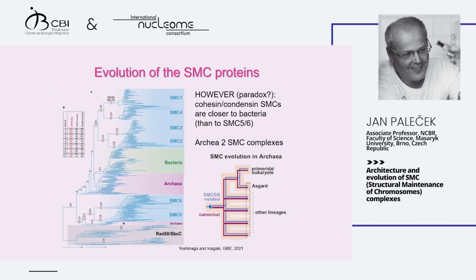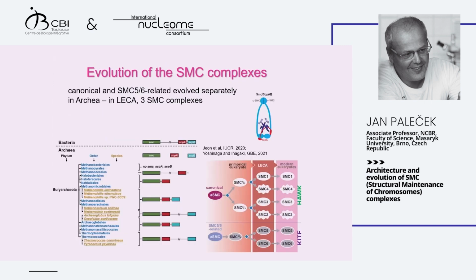In other words, during evolution there was a duplication, and two SMC complexes coexisted in these ancestral prokaryotic organisms, the canonical SMC and an SMC5/6-related complex. From the canonical one, cohesin and condensin complexes evolved with their Hawk proteins, while SMC5/6 complexes evolved from the SMC5/6-related one.